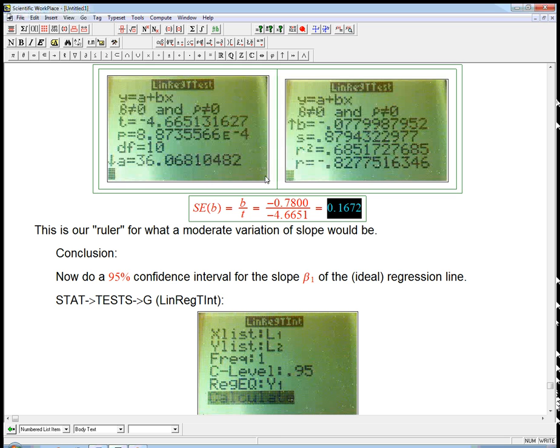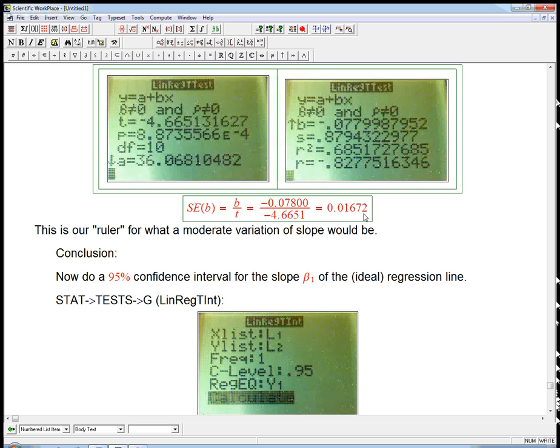So this says that the slope we got was a minus 0.08, and the standard error in that slope is, that's right, I forgot a 0 here. It's like, that doesn't make sense. There we go. It's about 0.0167.